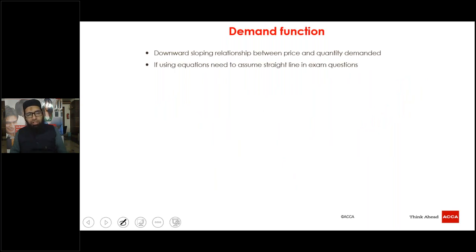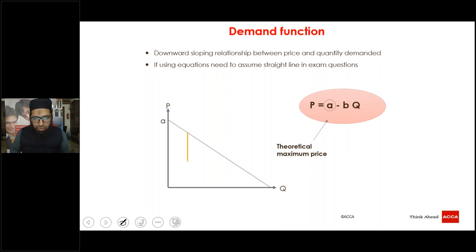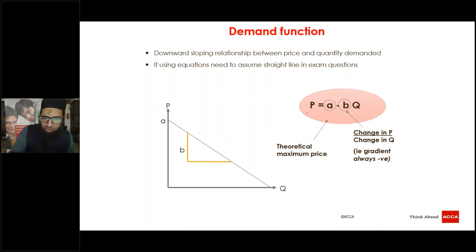Now the other point is the demand function. So let's do it quickly. The demand function gives us a formula for pricing, which is P equals A minus BQ. And this is an exam formula. Do you know what an exam formula is?